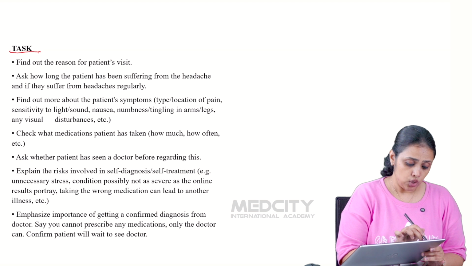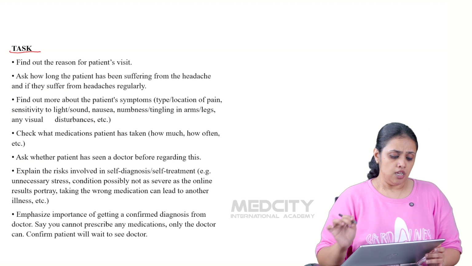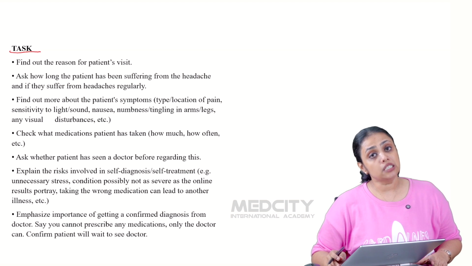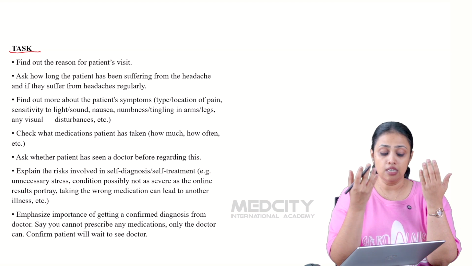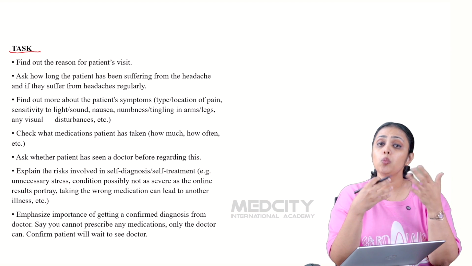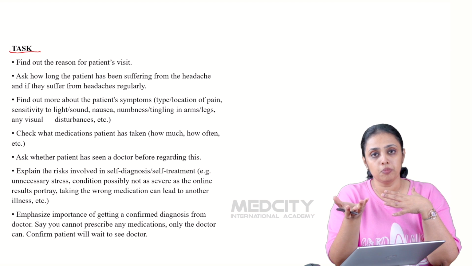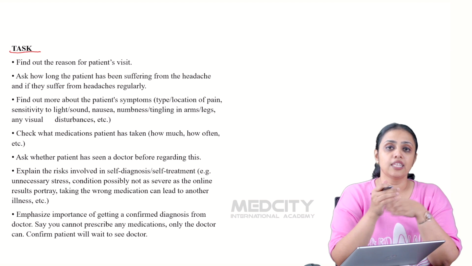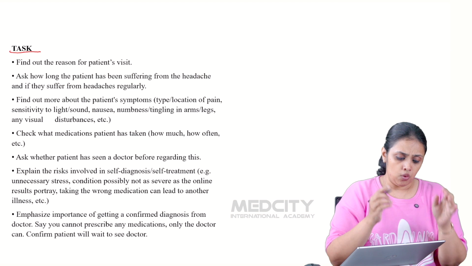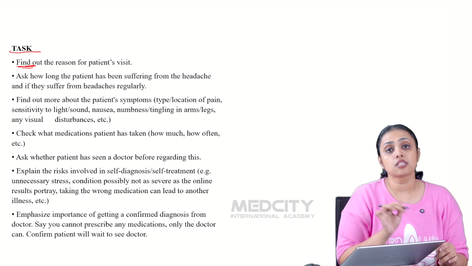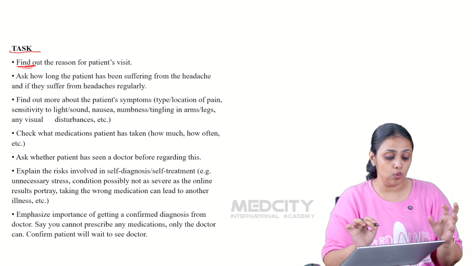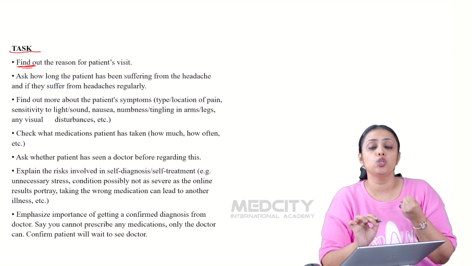The task. You have the set of tasks here. Now, when you are reading through the tasks, what you have to understand is that, like in some task points, you will have to give out information, and in some you will have to gather information. Now, you have to clearly understand what the task is all about, and accordingly you have to decide what verbs you have to use.